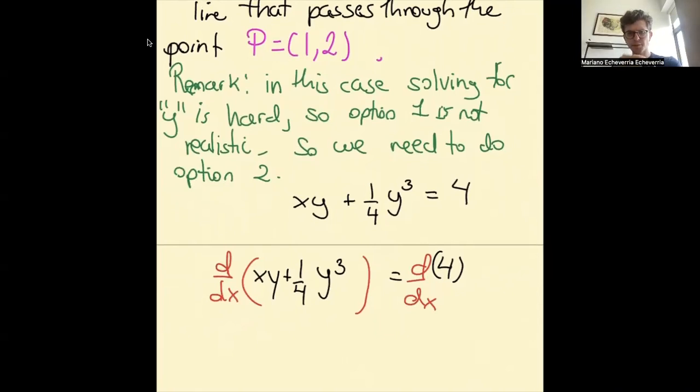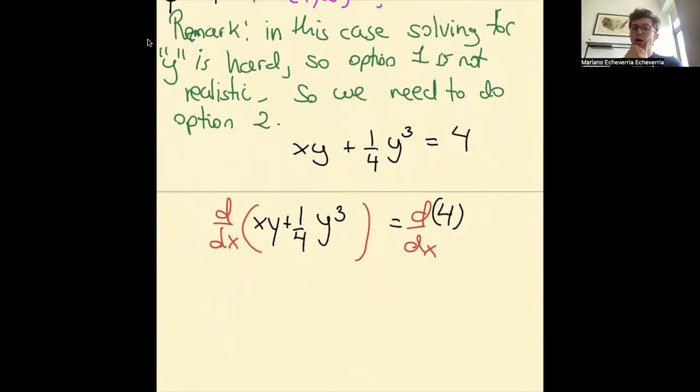Is that making sense up to this point? So far, so good? Okay, and then what do we do here? There's a sum here, so you can write it in terms of the sum of derivatives.